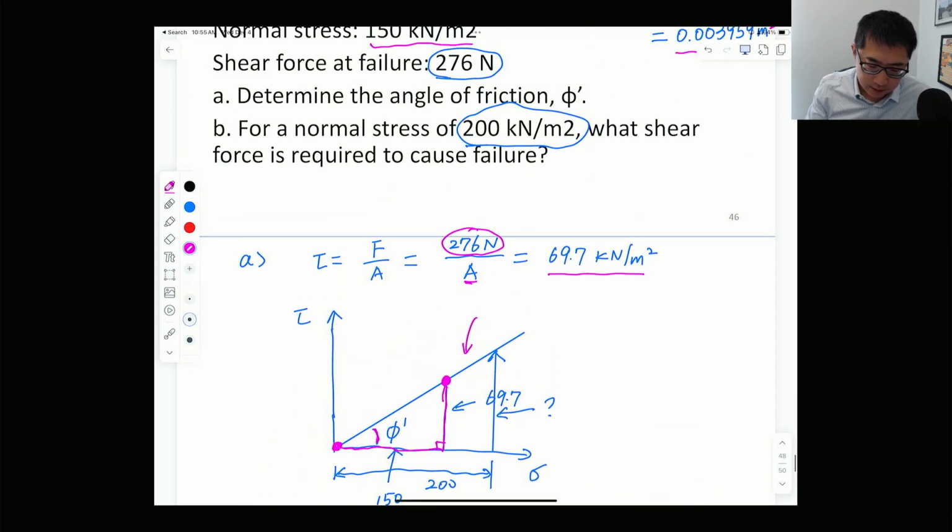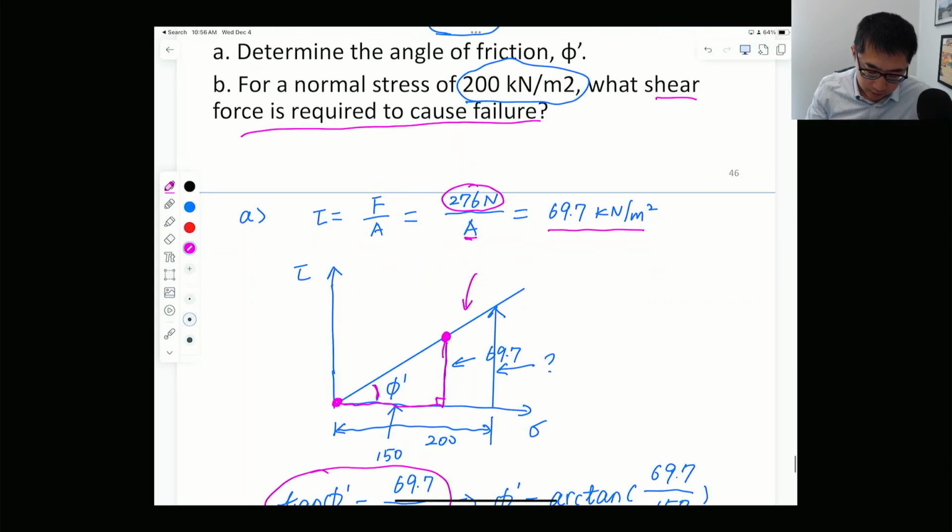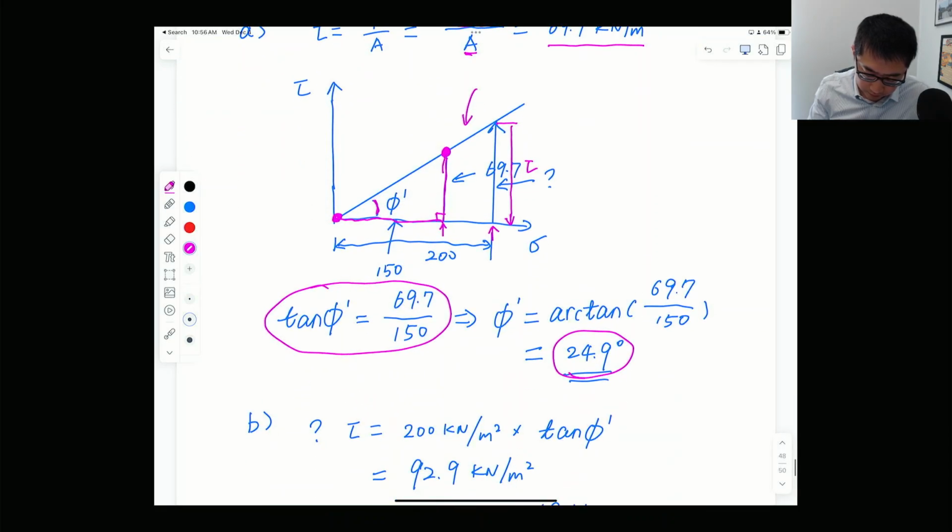The next one is, if you're going to do this test again and elevate the normal stress from 150 to 200 kPa, what shear force is required to cause failure? Still following the same concept, if you increase this from 150 to 200, how much is it going to be for your shear stress? Very simple.